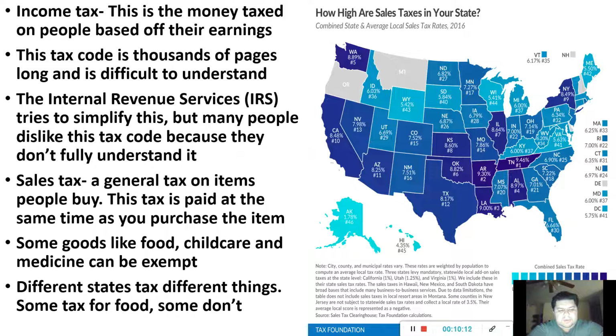Now, the thing is the tax code. This is something that says, if you make this much, you have to pay this much, with all these variables and deductions and things like that. This thing is thousands and thousands of pages long. It's very difficult to understand, very difficult to read because it is very much in lawyer talk. It's not straightforward.